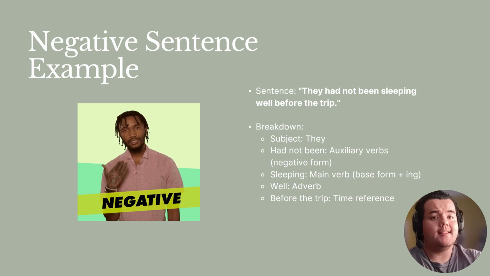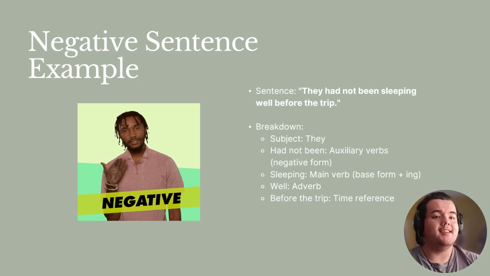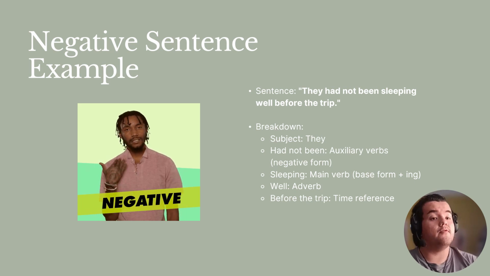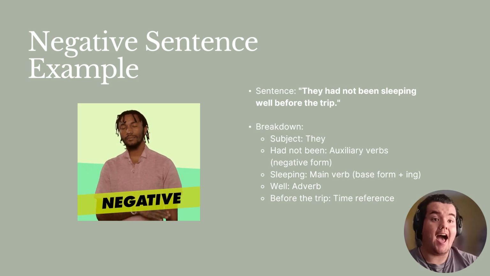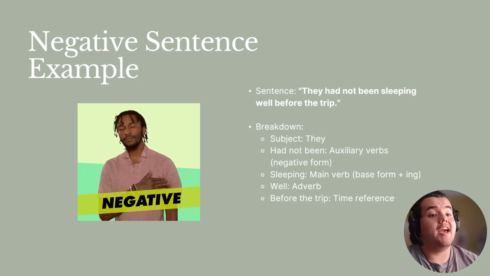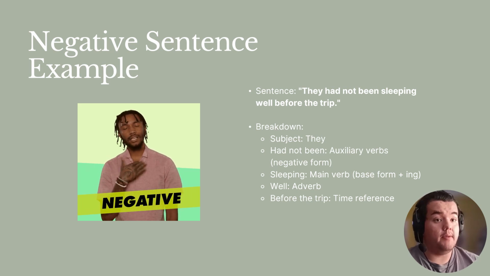And we got the negative sentence. In this case, this is our example. The sentence: they had not been sleeping well before the trip. Again, they had not been sleeping well before the trip. In this case, our subject is they. The auxiliary verbs is had not been.